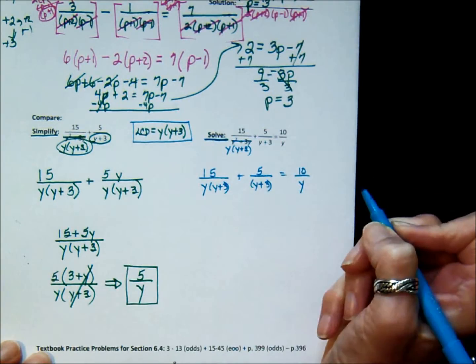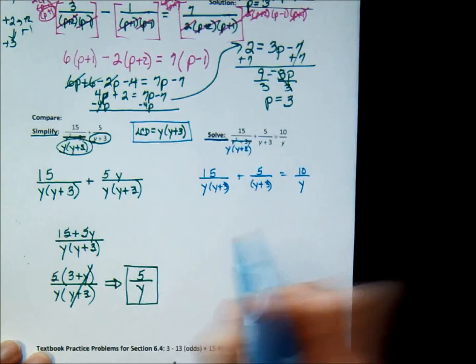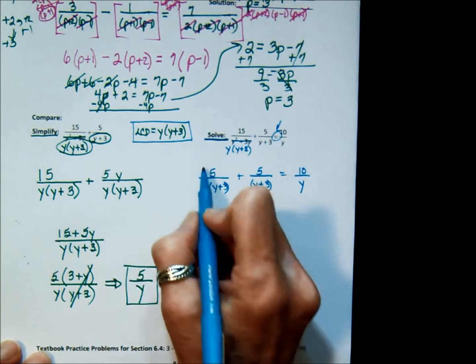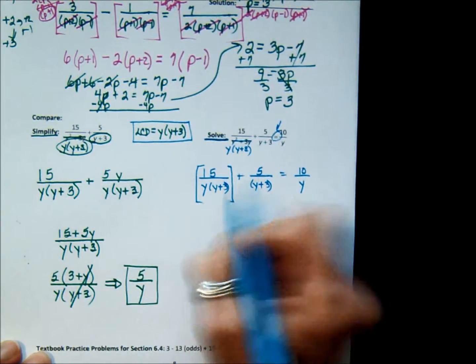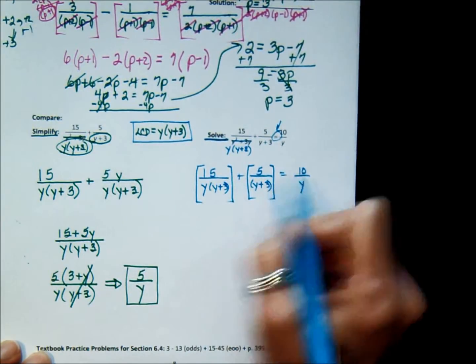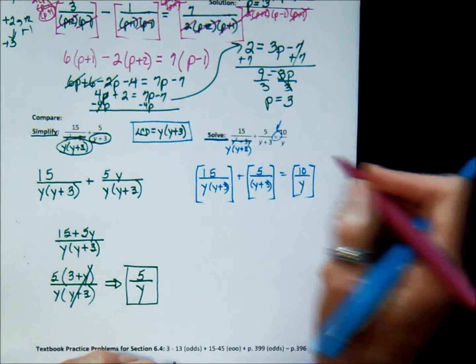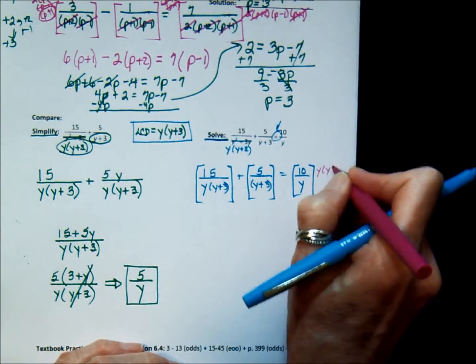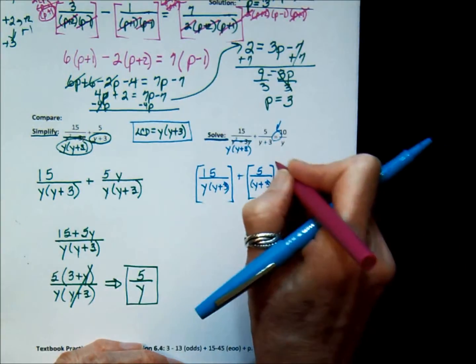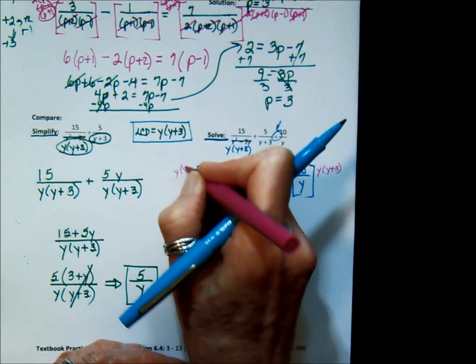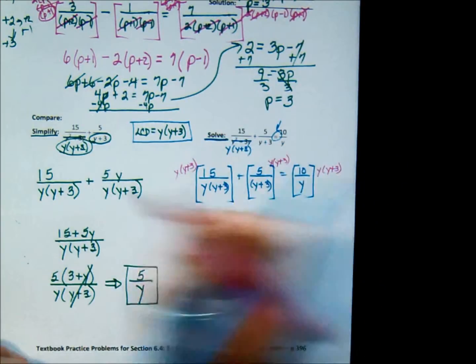But here is the difference. Because it is an equal sign and I am solving, I'm going to put each term in parentheses like we did on the rest of this lesson, and I'm going to multiply each term by the LCD so that the denominators will all cross cancel. That didn't happen when it said simplify.